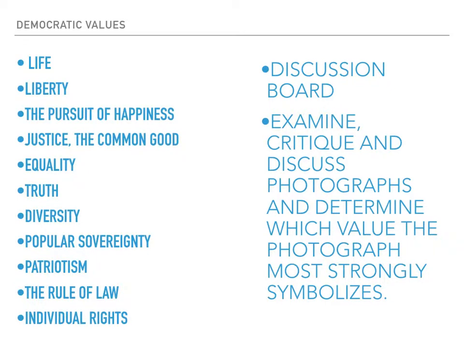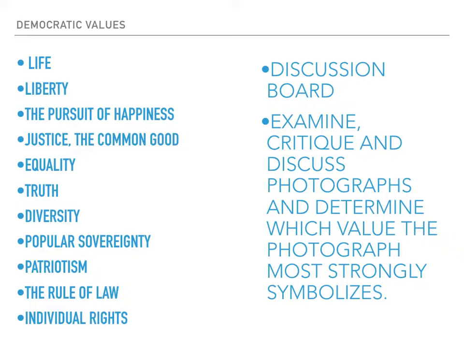As we keep talking about these democratic values, here is a list of some of the democratic values that we teach. You have life, liberty, pursuit of happiness, justice and the common good, equality, truth, diversity, popular sovereignty, patriotism, the rule of law, individual rights.